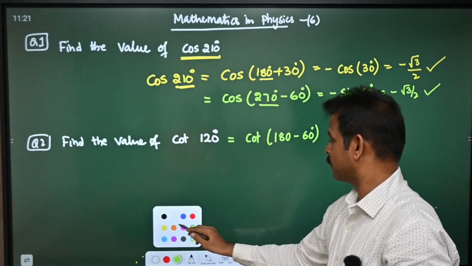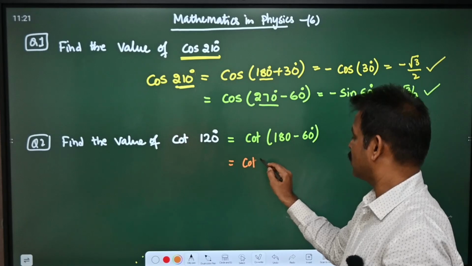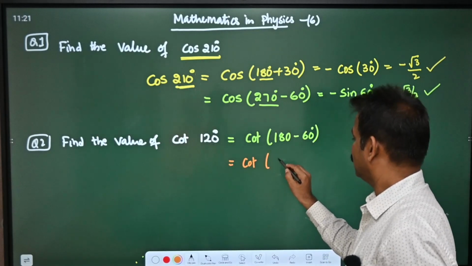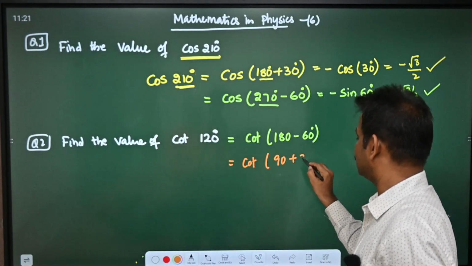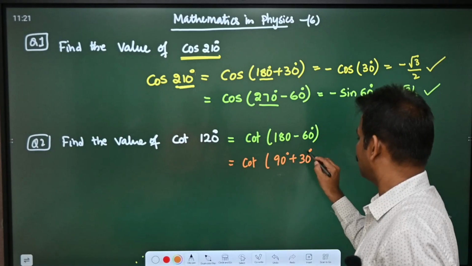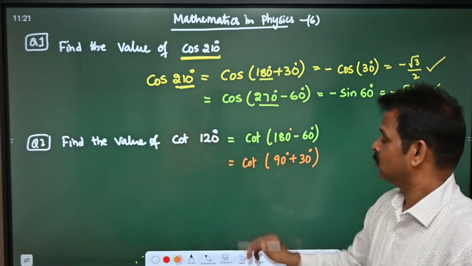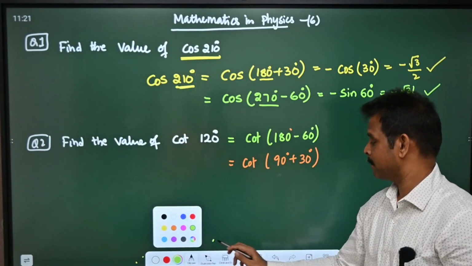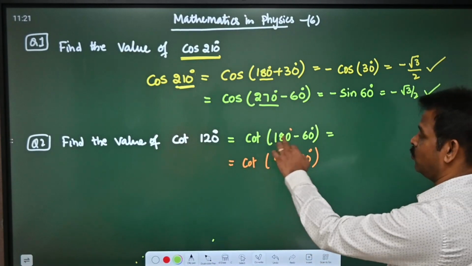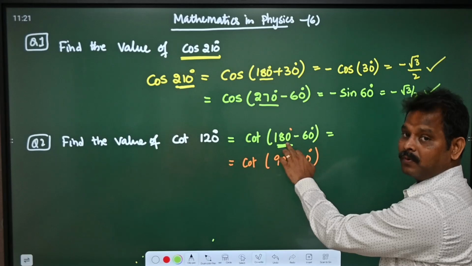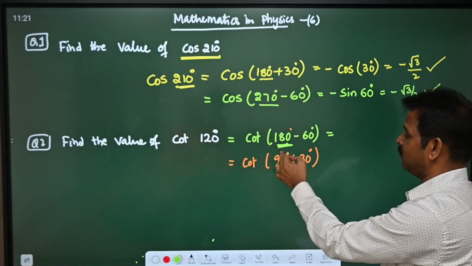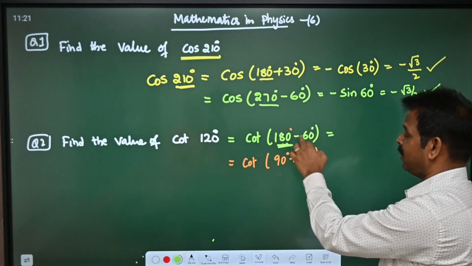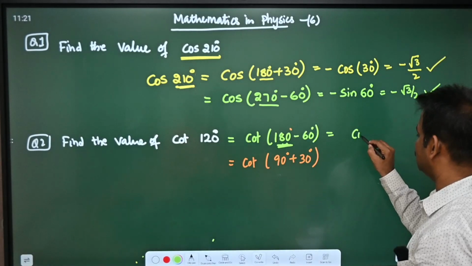The second one, cot of 90 plus 30 is also equal to 120. So first we will see the first one. Cot of 180, 180 is a multiple of 90, actually 90 into 2. Here 180 minus theta, the ratio remains the same.